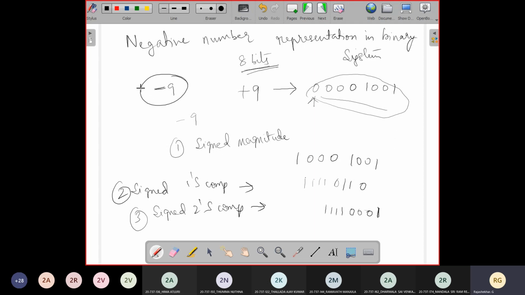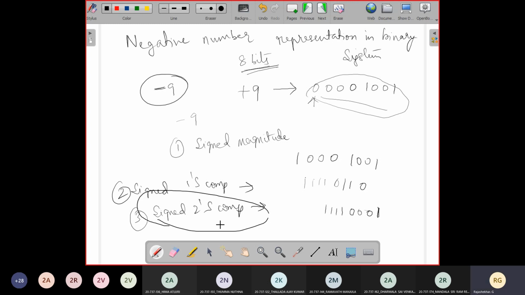So the same 9, the same minus 9, can be represented differently in different ways. Normally, in computers, the practice is that signed 2's complement representation is used. In all computer arithmetic, the system will consider signed 2's complement representation.